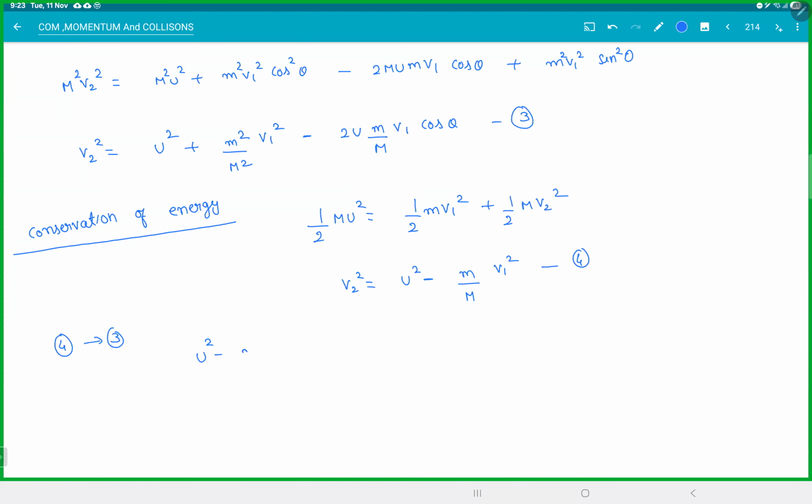That will become u square minus m by M v1 square will be u square, m square by M square v1 square.